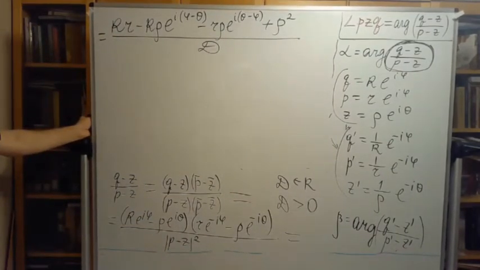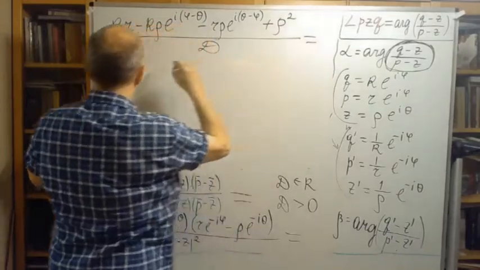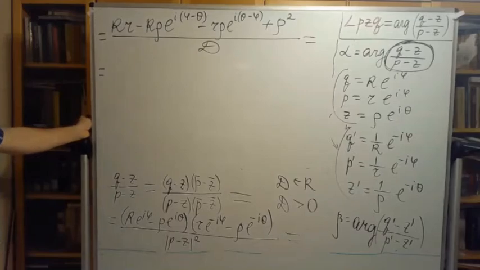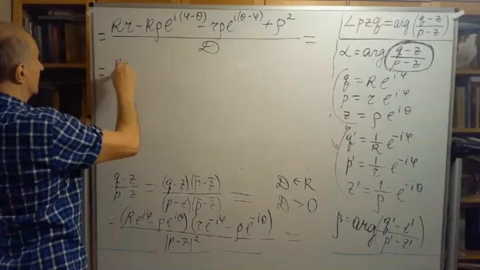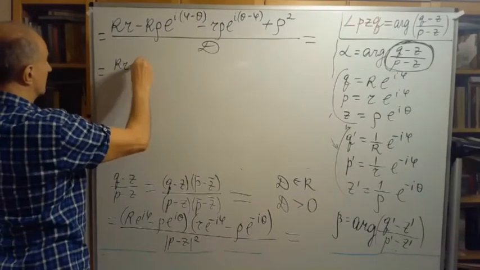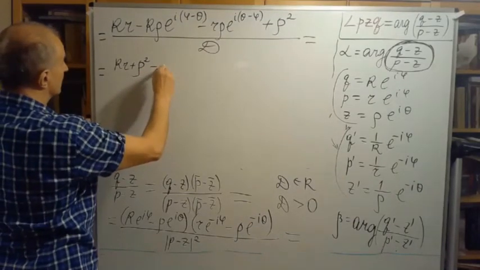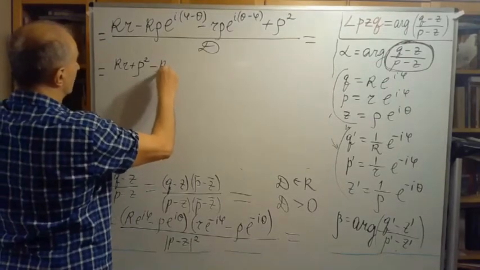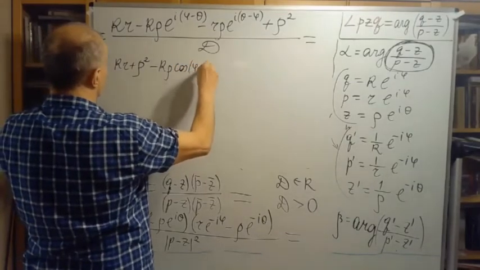Now, in order to extract the real and imaginary parts, we need to rewrite these two terms in trigonometric form. That's what we will do. So first of all I will write the real part: r plus rho squared, and then minus r rho cosine (phi minus theta).